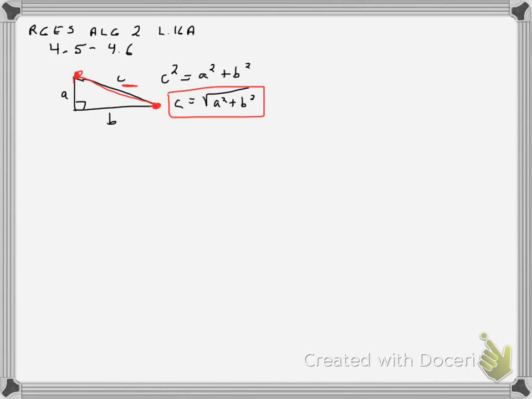Well, A represents this distance, which is my vertical, and B represents my horizontal there. Of course, I could have interchanged those. Maybe I could have called this B and this A, and hopefully you know that there's no difference.